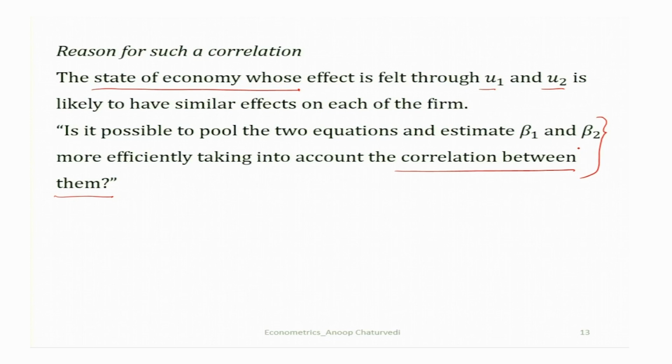After pooling you expect to utilize that information for estimating beta 1. Similarly, for estimating beta 2, you expect to utilize the information contained in equation 1 also, apart from equation 2. So, this is the whole purpose of pooling these two equations and estimating beta 1 and beta 2 jointly.